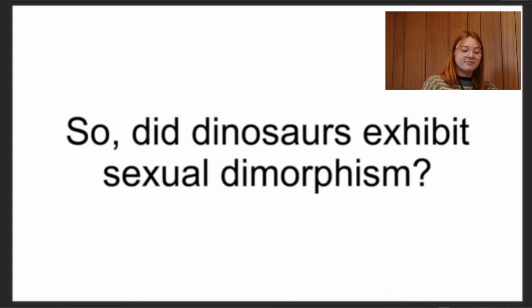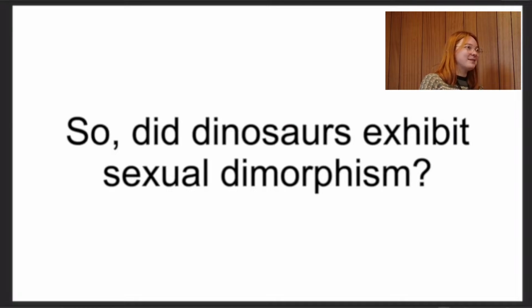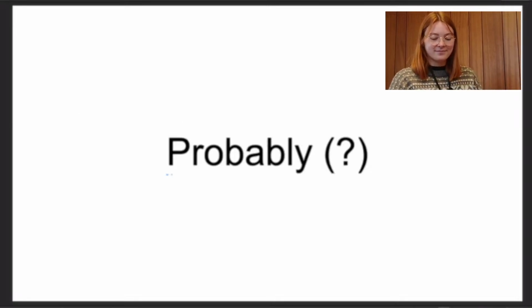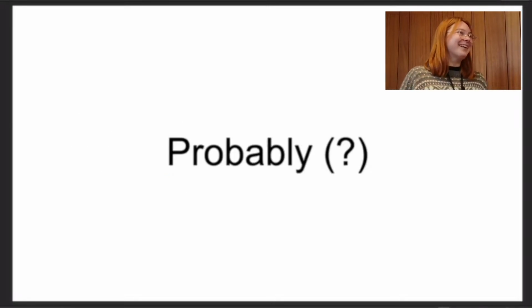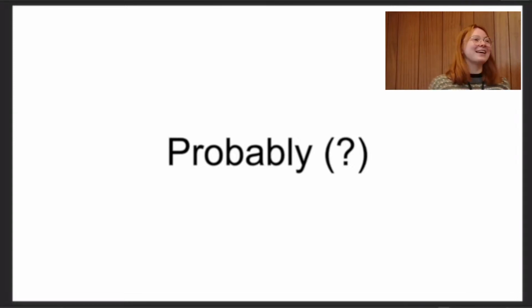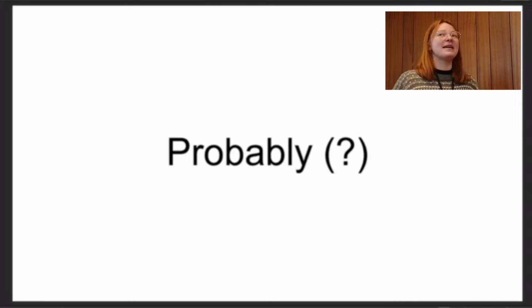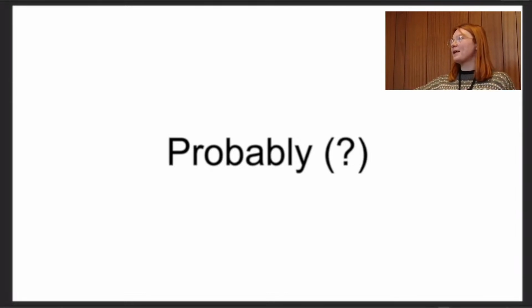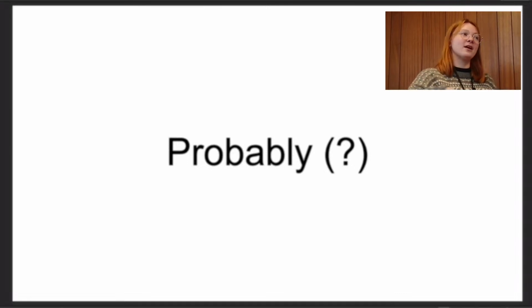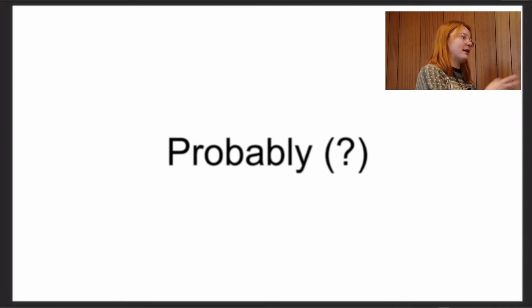So to conclude, did dinosaurs actually exhibit sexual dimorphism? Probably. We don't know without skin, and we don't know without being able to detect colour of skin, and we don't know without a larger data set. So being able to apply all of these traits into the data that we already have is our best way going forward with regards to looking at skin and looking at bone structure.